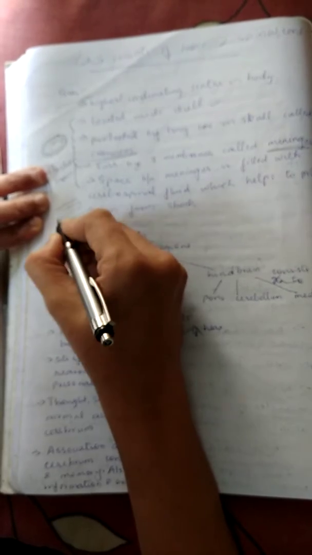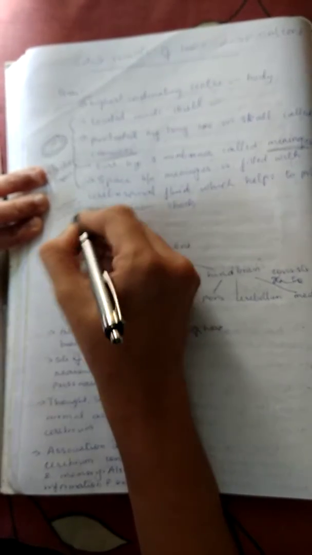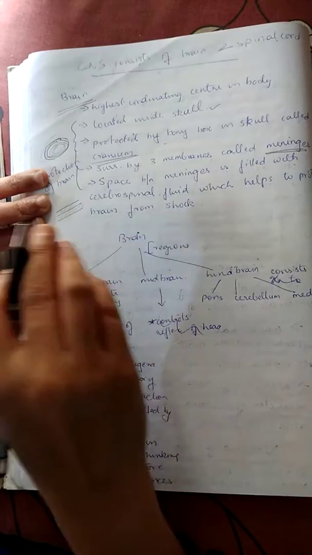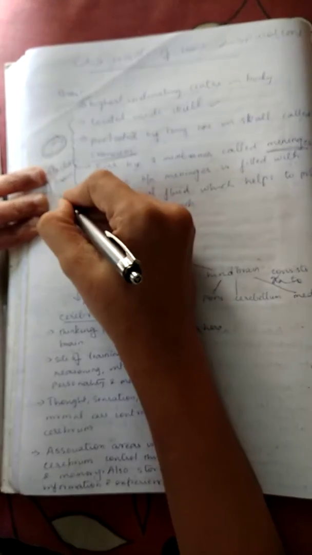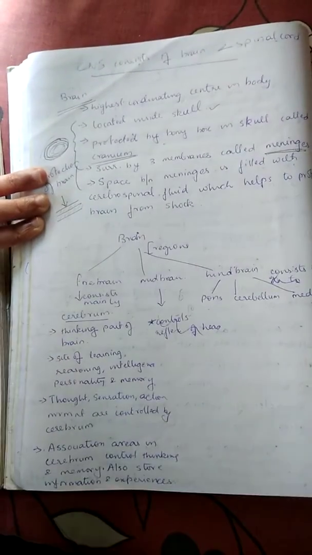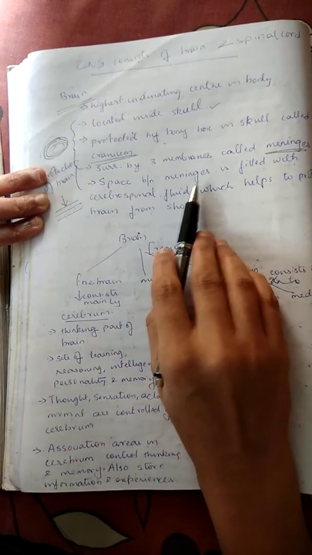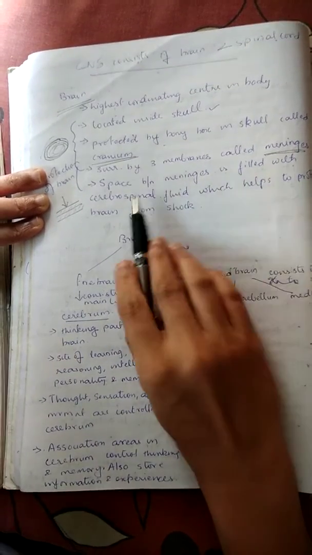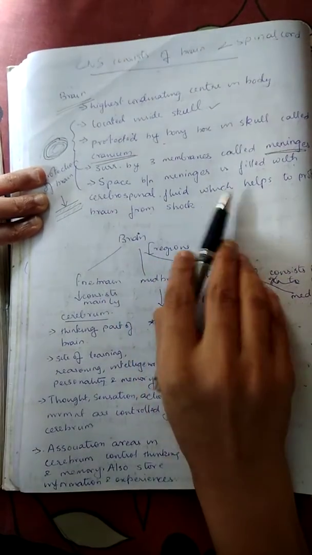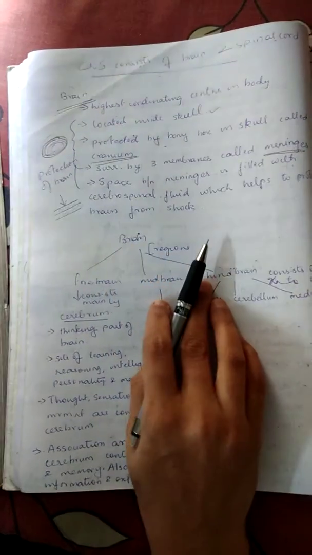The space between the meninges is filled with a fluid known as cerebrospinal fluid, which helps protect the brain from shocks which come from outside.